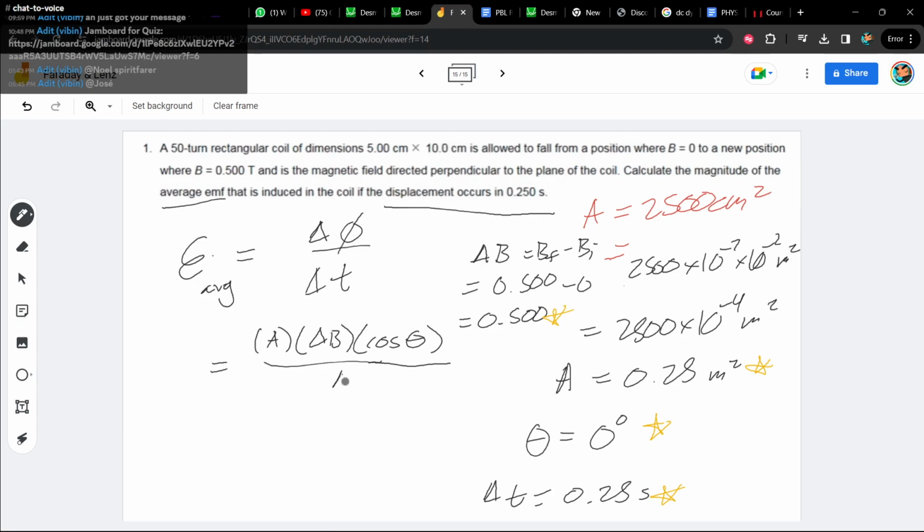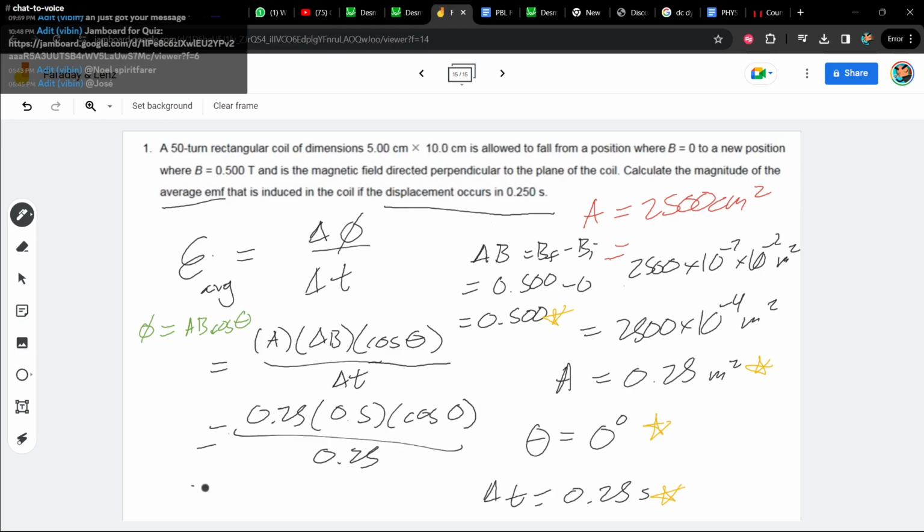Because we know phi is equal to AB cos theta, we can write this as A times delta B times cos theta. Therefore, you would write 0.25 times 0.5 times cos 0, over 0.25 seconds.